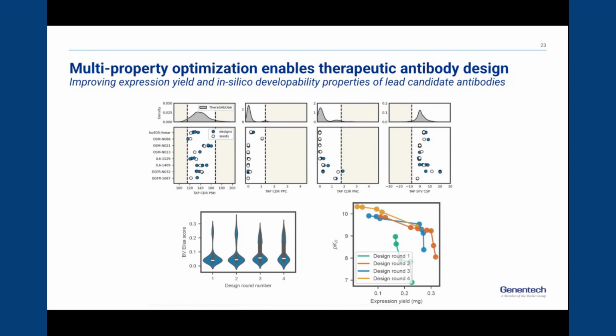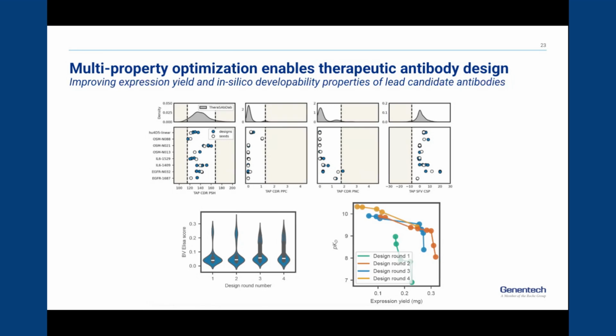And this is basically just the way to get a lot of parameters from our designed antibodies and compare them to the biochemical features and parameters from therapeutic antibodies that are, for example, already used or that went through the clinical stages successfully.